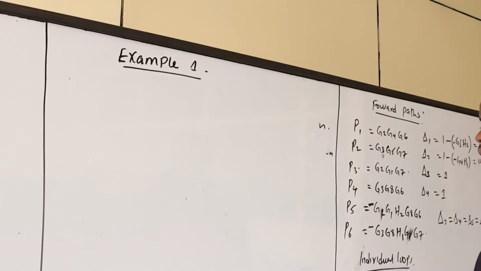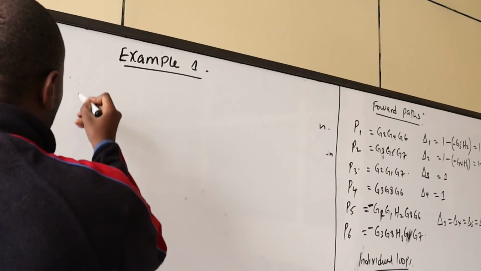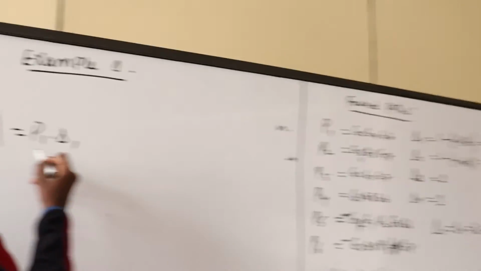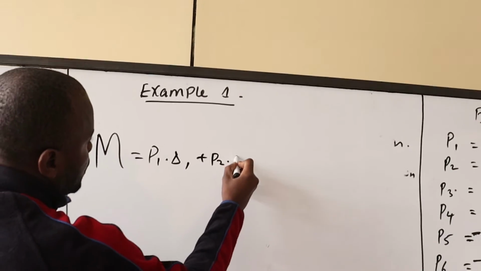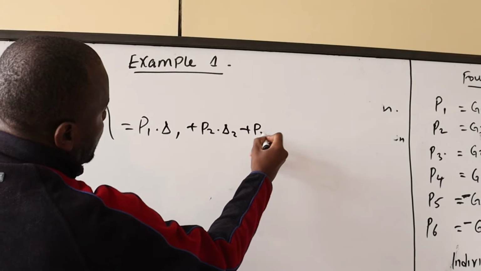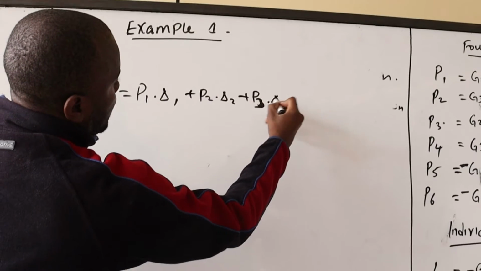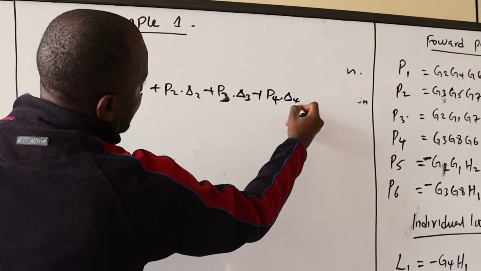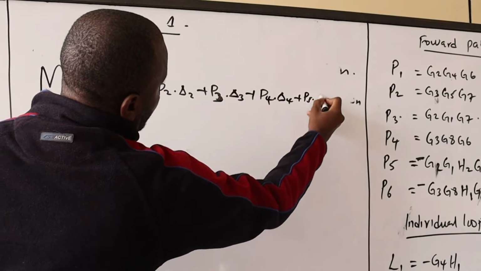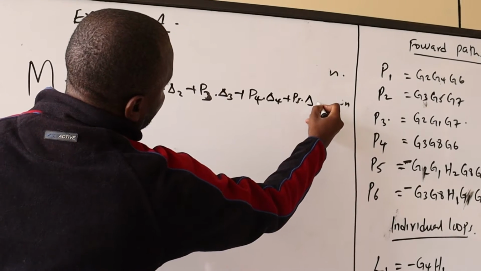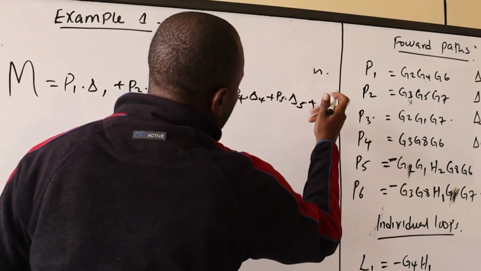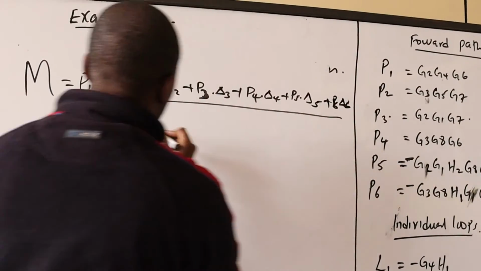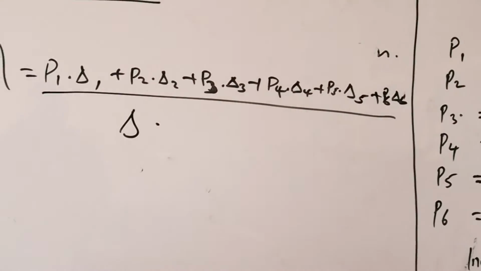M will be given by P1 times its determinant, plus P2 times its determinant, plus P3 times its determinant, plus P4, P5, and P6 with their respective determinants, and all this will be over the overall determinant.